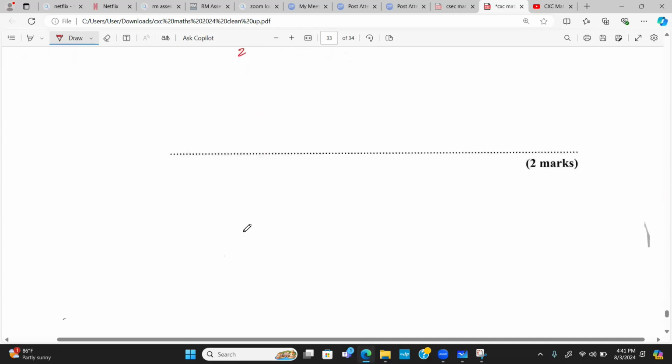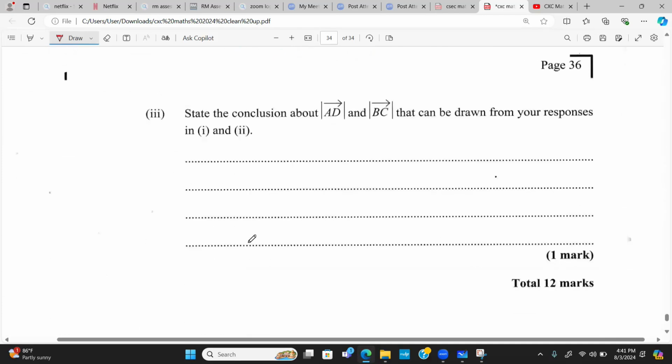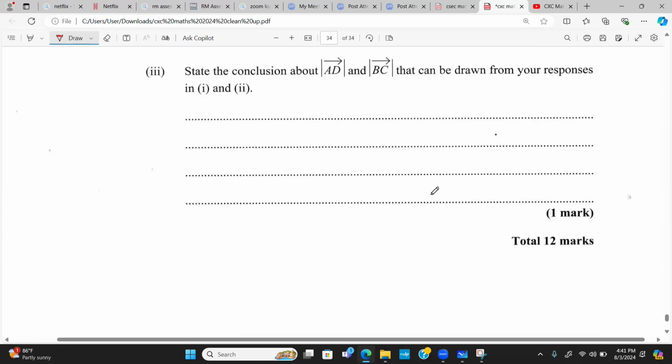Now, let us see the last question. The last question is asking us to state the conclusion about the magnitude of AD and the magnitude of BC that can be drawn from those two responses. Let us write the responses that we got.